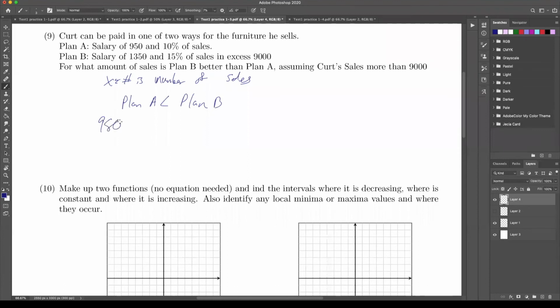It's $950 plus 0.1 times the amount of sales he has here. And plan B is $350 plus 0.15, so 15% of all sales, but those are only after the first 9,000, so I have to minus out that 9,000.